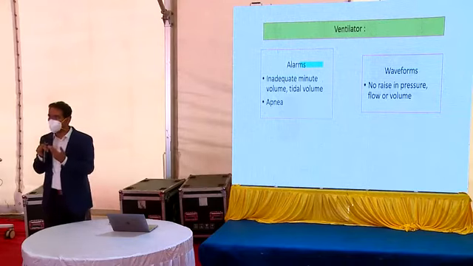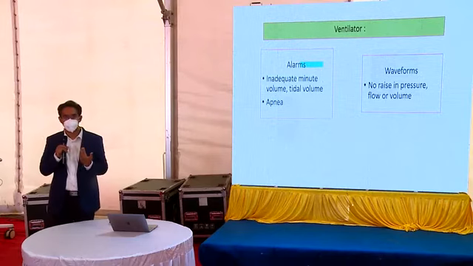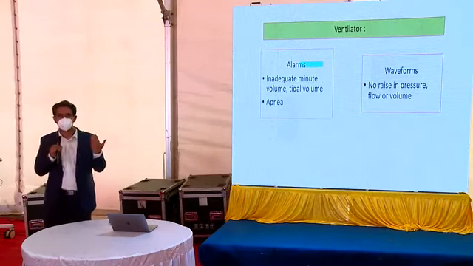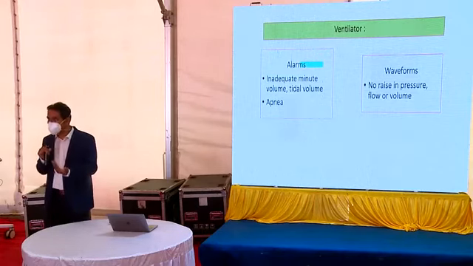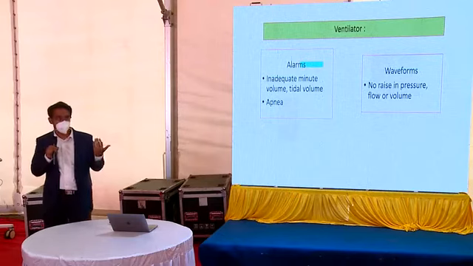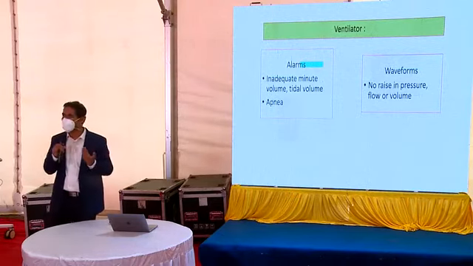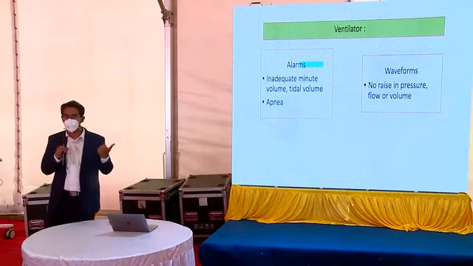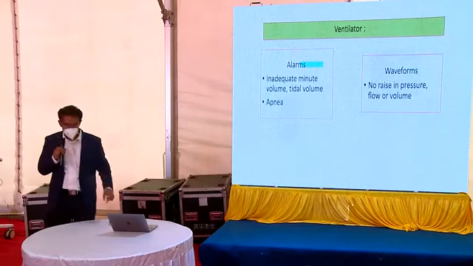It detects a leak by looking at the difference between inspiratory flow and expiratory flow. If the amount of gas flowing during inspiration is the same as that during expiration, that means there is no leak. When that is not so, it says that there is a leak. But here, probably there is a leak proximal to where you have connected the flow sensor, in which case there is no flow both during inspiration and expiration. And your ventilator will not show that there is a leak because the leak is proximal to that.